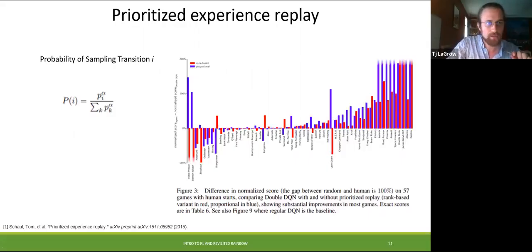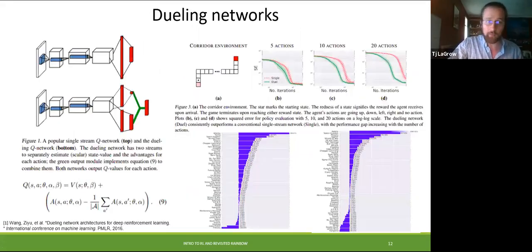Great. So building off of prioritized experience replay, we get dueling networks. Dueling networks were introduced by modifying the DQN network architecture. Specifically, two streams share the initial convolutional layers, as we see in the left figure here. But the green layer indicated here is separately estimating the value function of the state, while the other estimates the advantage for each action.